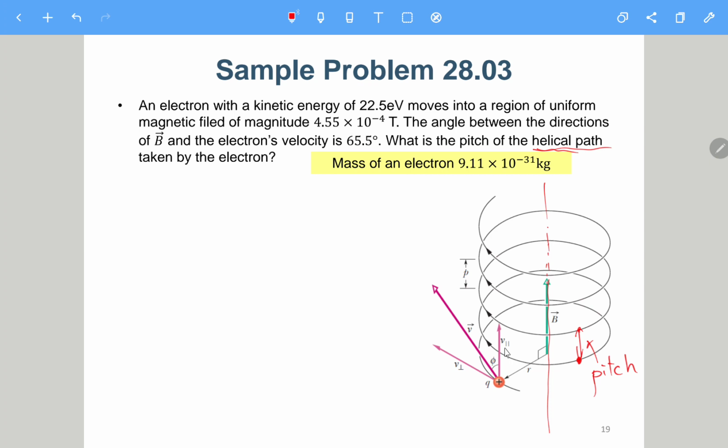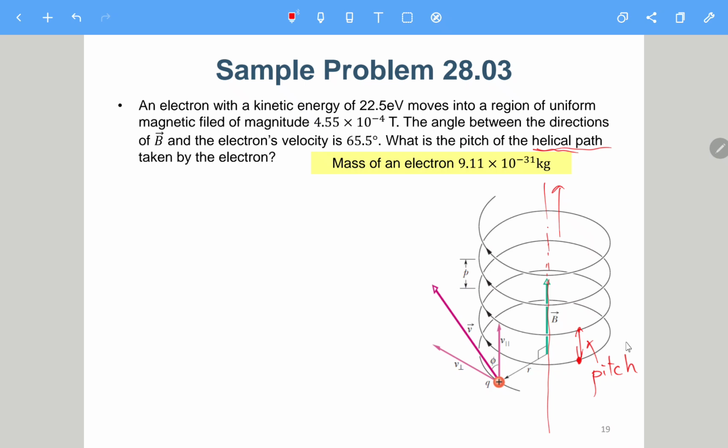So there won't be any force in this direction, which means that in this direction, it will be a uniform speed movement. It's just moving at a uniform speed along this axis.